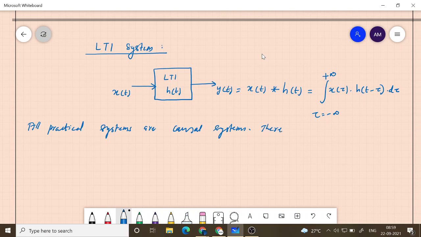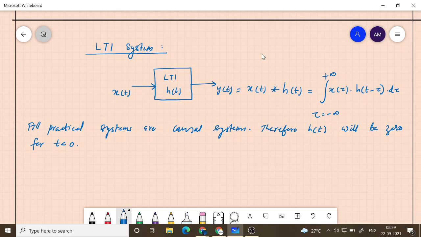Therefore, h of t will be 0 for t less than 0. h of t is the impulse response, and the impulse response will be 0 for t less than 0.